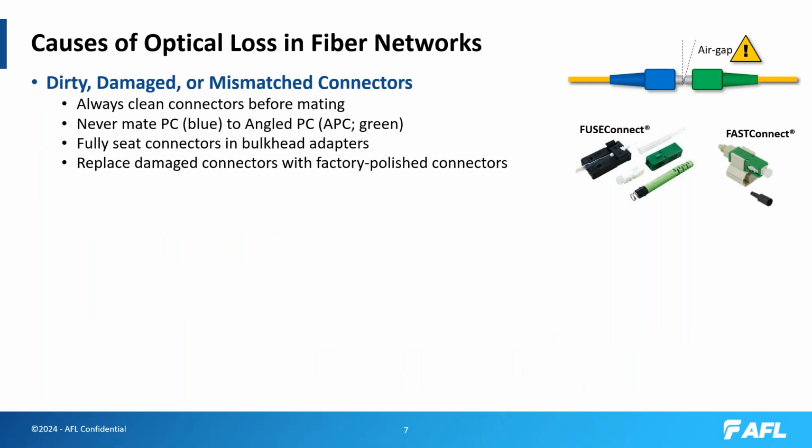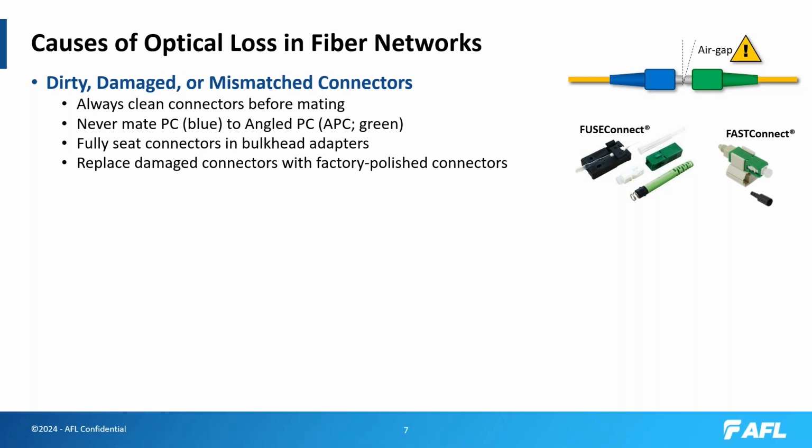So let's look a little bit more in depth at those. Dirty, damaged, or mismatched connectors. To prevent that, you always want to clean your connectors before mating. You never want to mate a UPC connector, which has a 90-degree angle, to an angle polish connector, because you will create an air gap where those two connectors meet.